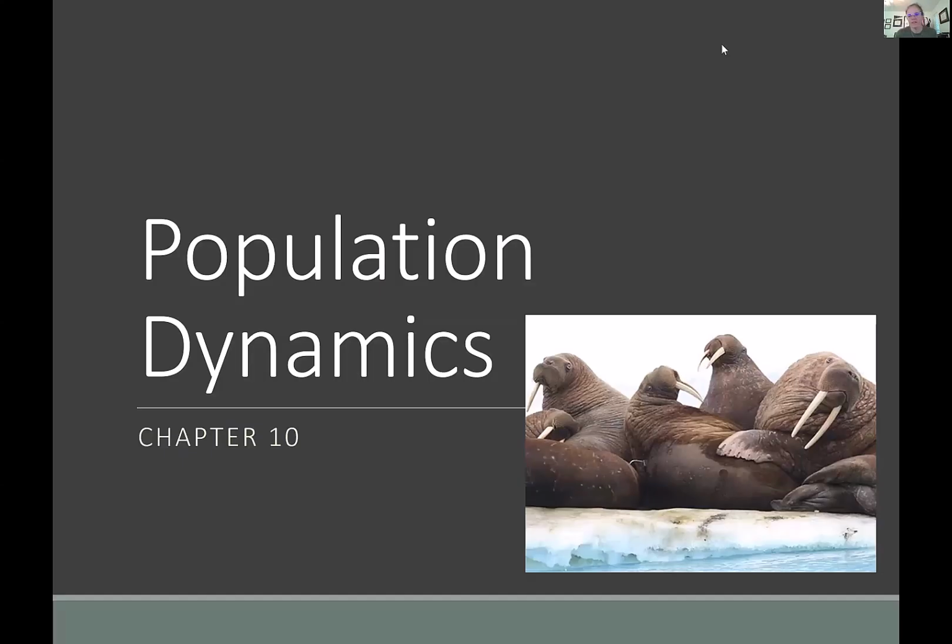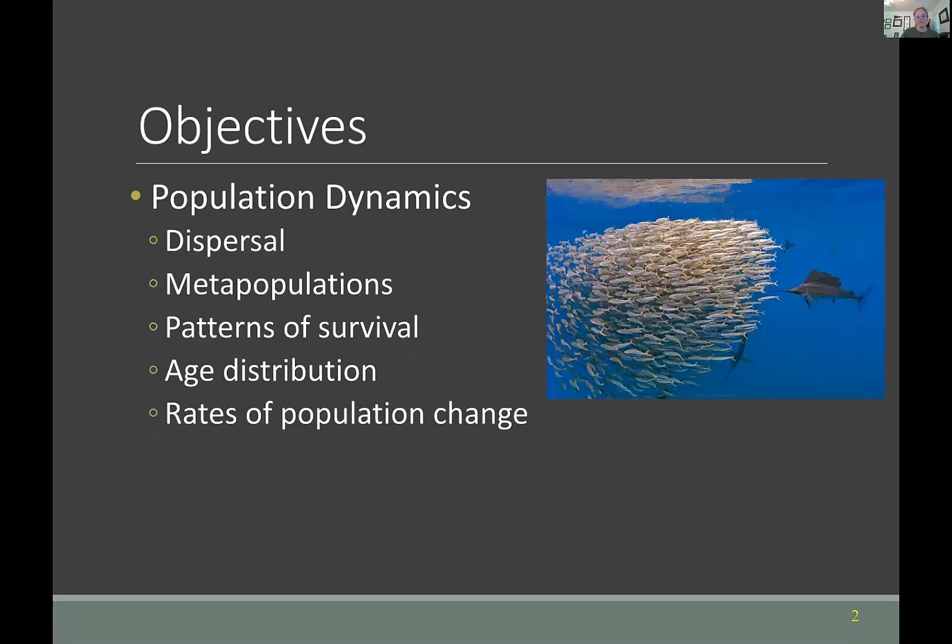Right, good morning. We are going to continue talking about populations. Today we're going to be looking at population dynamics. That basically within this chapter includes dispersal, how populations move in an ecosystem, and metapopulations.